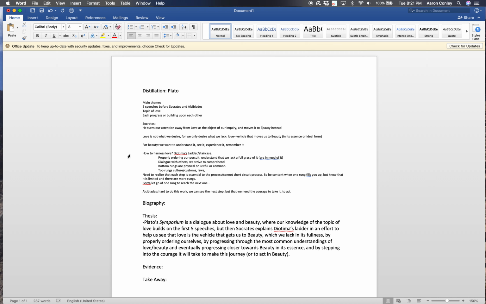So here we go. We have now some characteristics that I listed out here for beauty itself. So what do I understand? What do we want? How do we drive for or pine after beauty? Well, what do we want with it? We want to understand it. We want to see it. We want to experience it. We want to ultimately remember it.